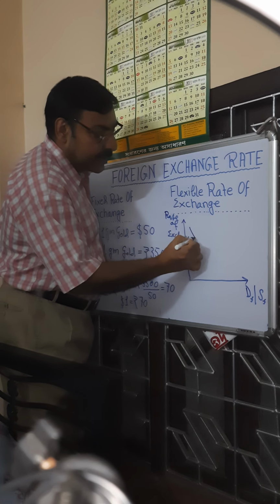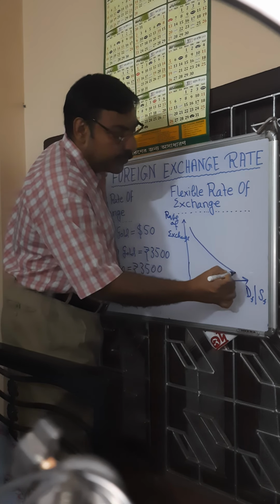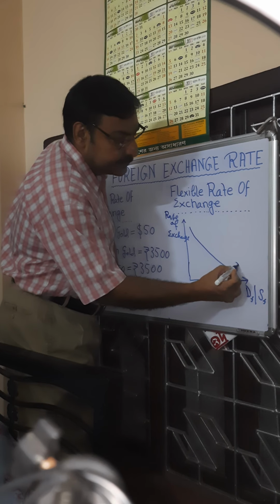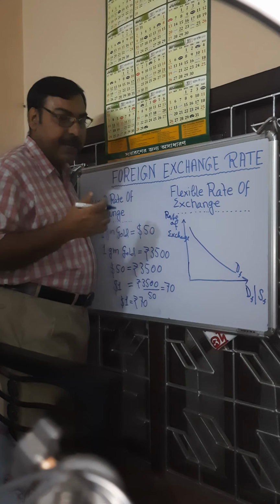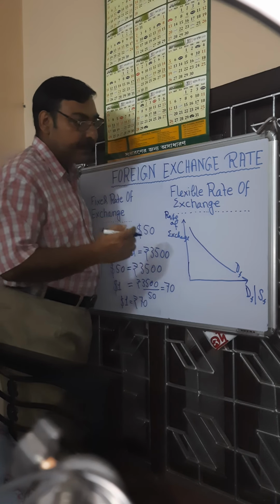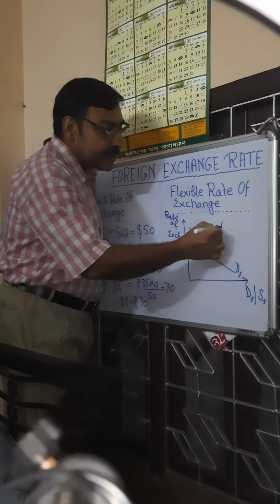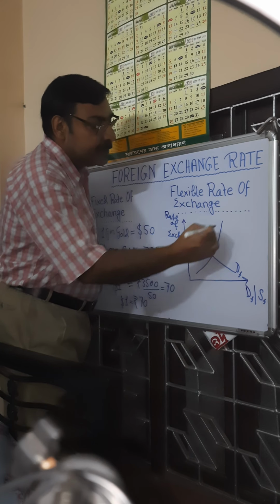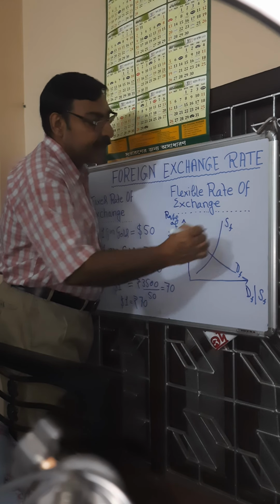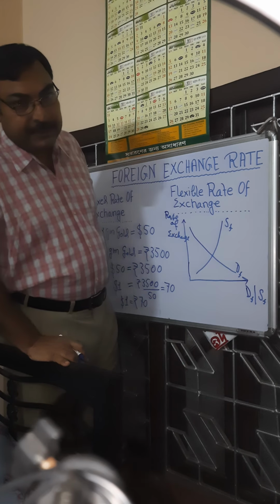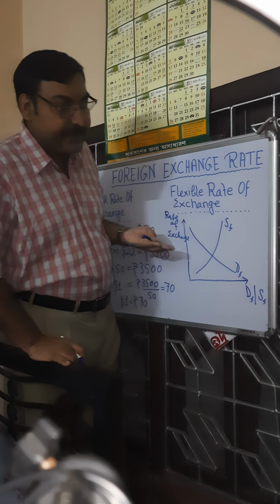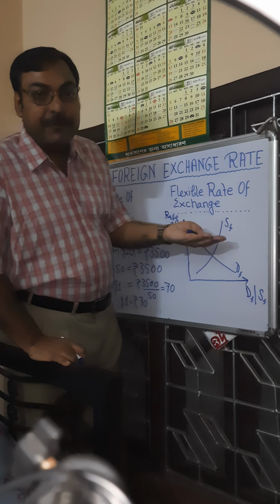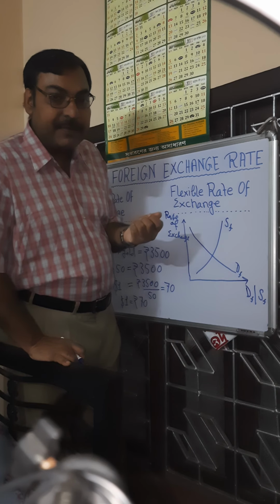This is demand curve, demand for foreign currency, downward sloping. Generally demand curve is having this shape, and supply curve, upward moving, supply of foreign currency. If rate of exchange is higher, supply of foreign currency will also increase, and vice versa.